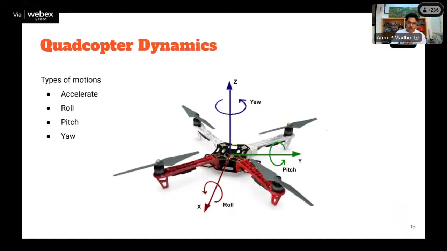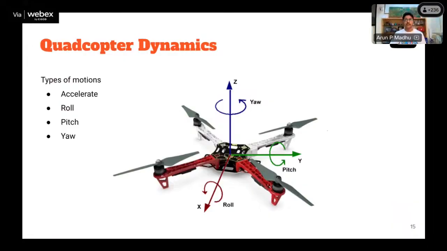Then we come to the different types of motions a quadcopter can do. So there are four different kinds of motions. One is accelerate, second one is roll, third one is pitch, and fourth one is yaw. So accelerate means all four motors rotate, and the drone moves up and down, which we can term as accelerate.